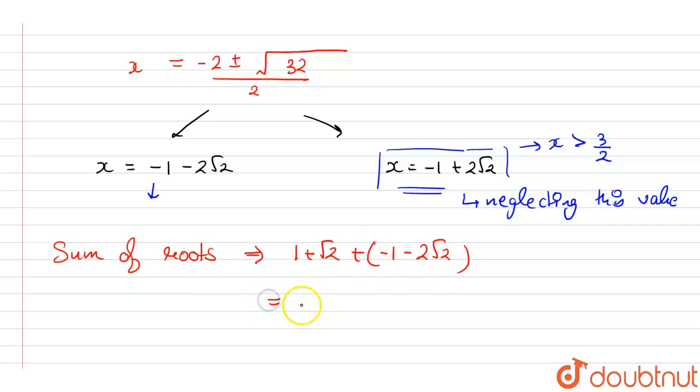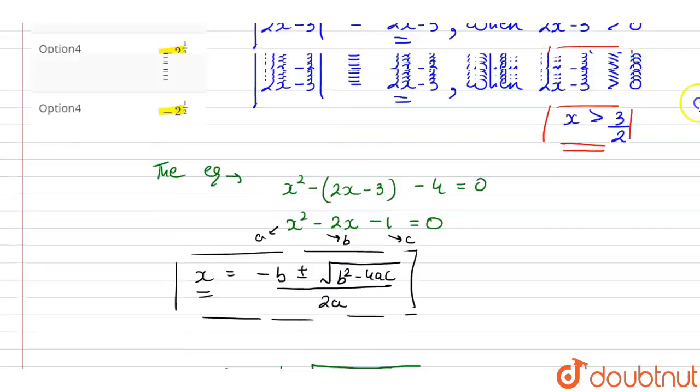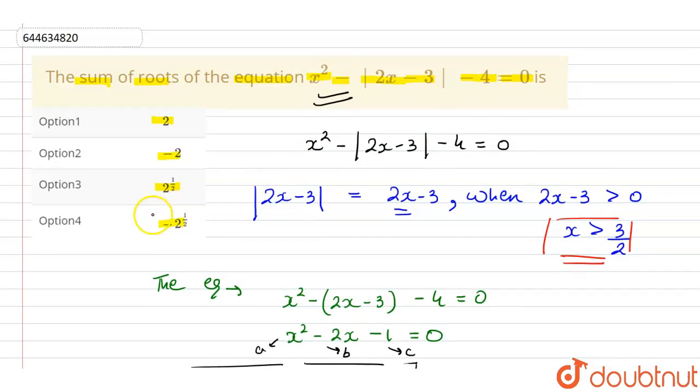If we simplify this, it will be 1 plus root 2 minus 1 minus 2 root 2. The minus 1 will be cancelled by the plus 1, so we are left with root 2 minus 2 root 2, which is equal to minus root 2. So the sum of the roots of the equation is minus root 2. If we check the options, option 4, that is minus root 2, is the correct answer.